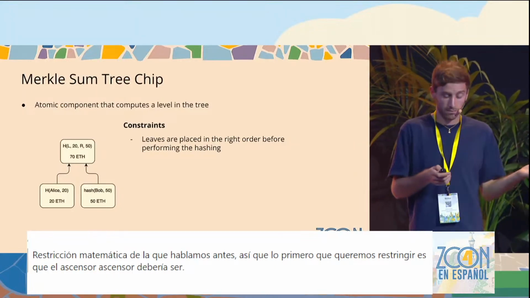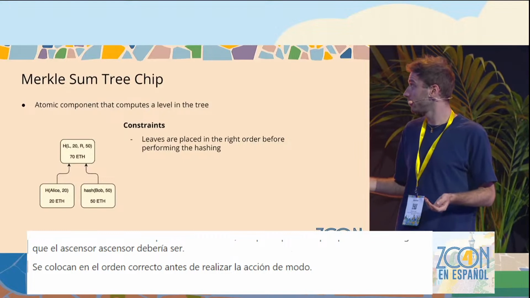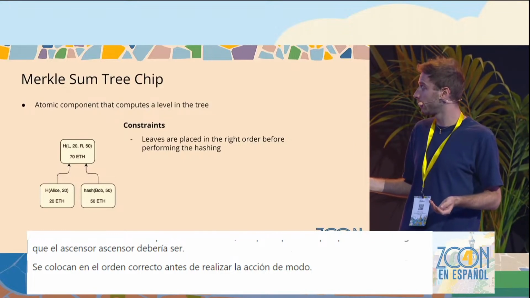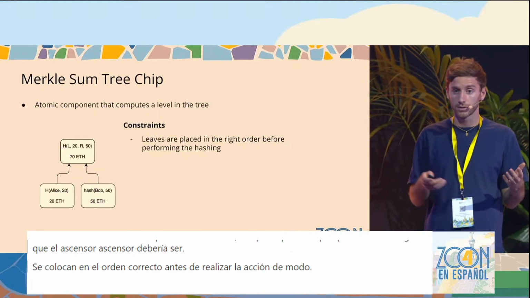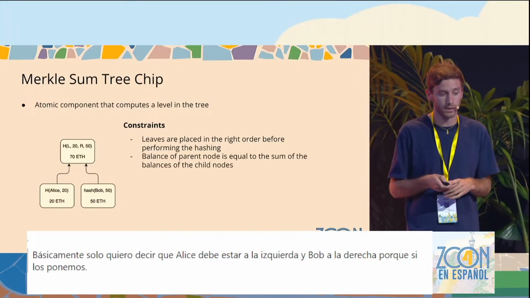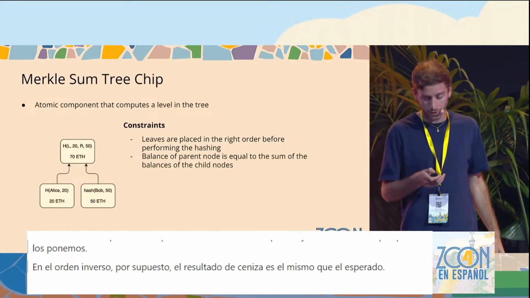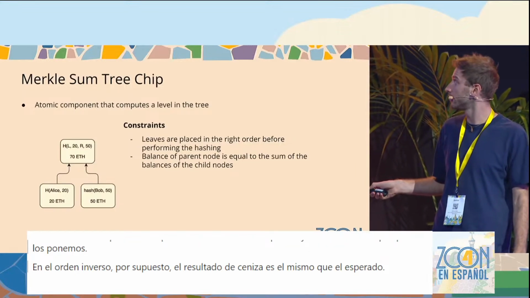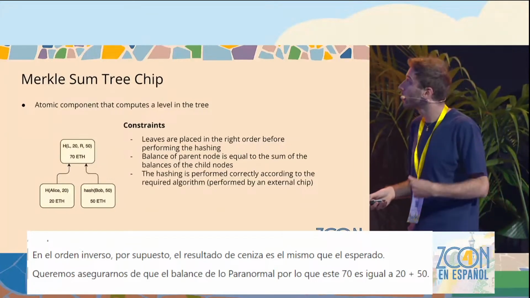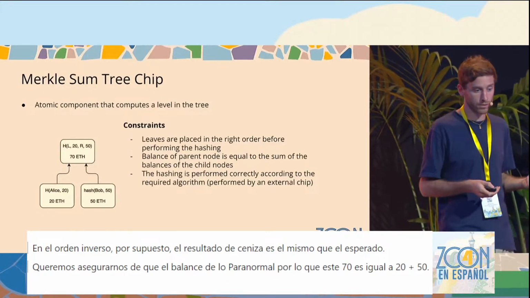It basically means that Alice should be on the left and Bob on the right, because if we put them in the inverted order, of course, the hash won't result in the expected one. We want to make sure that the balance of the parent node, this 70, is equal to 20 plus 50.